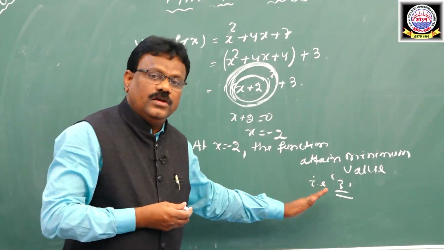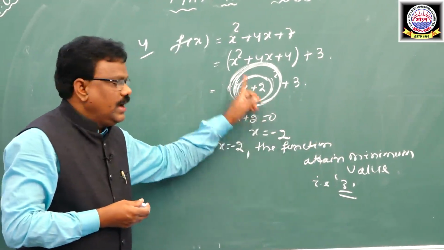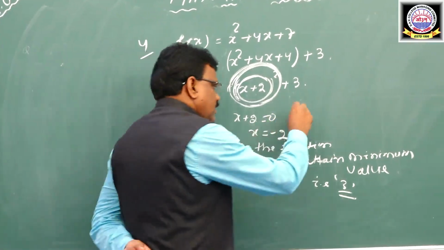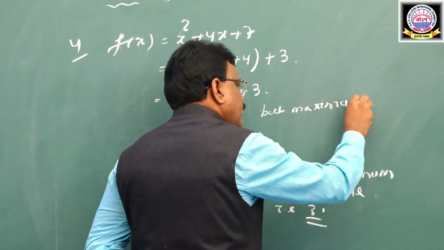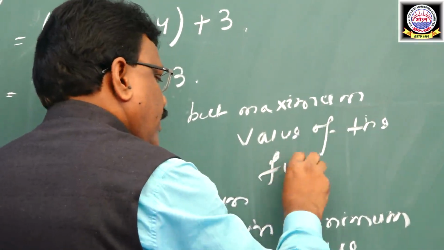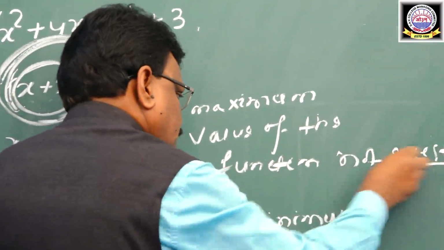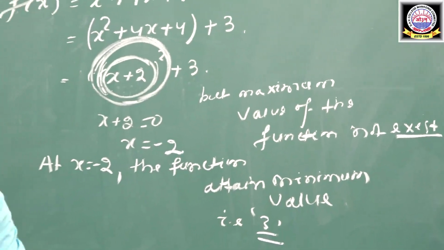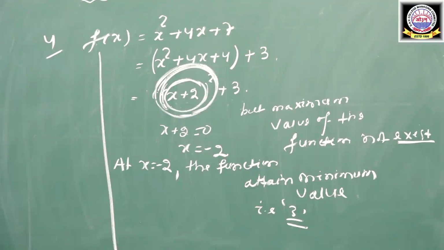So, the minimum value of the function exists at minus 2 and the minimum value is 3, but the maximum value of the function does not exist. So, this is the conclusion without applying the derivative, because that type of knowledge we have acquired in the previous classes. Take another example.